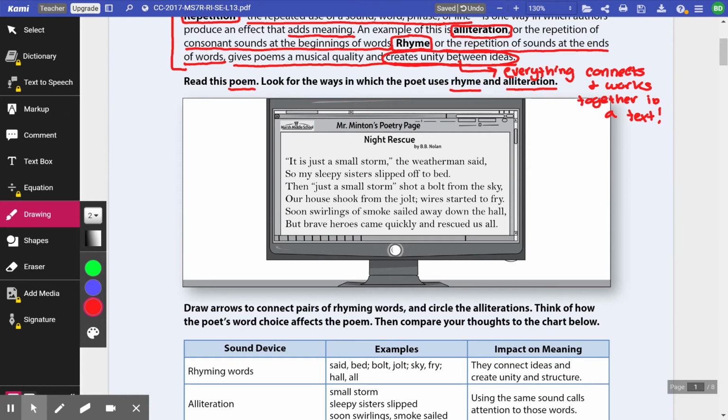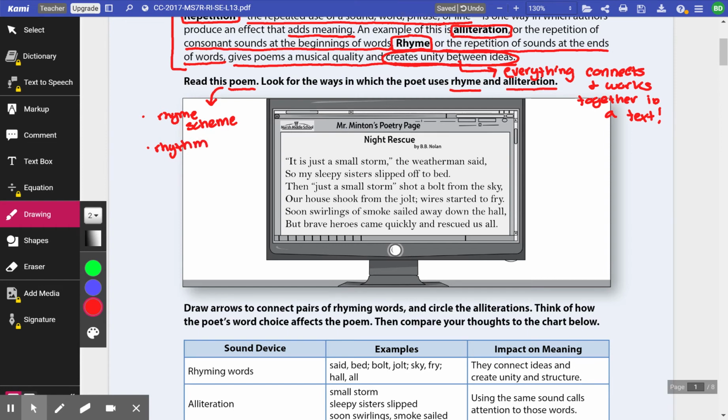Since we know this is a poem, let's talk about a few things we know about poems. Poems are always going to have a rhyme scheme that we will have to find. They will also have some rhythm, depending what type of poem it is.